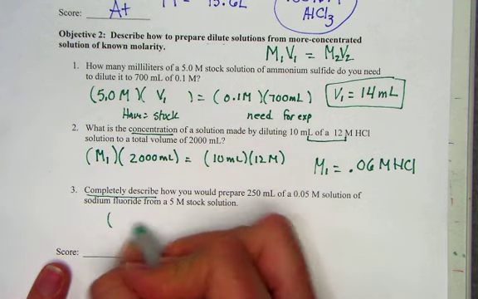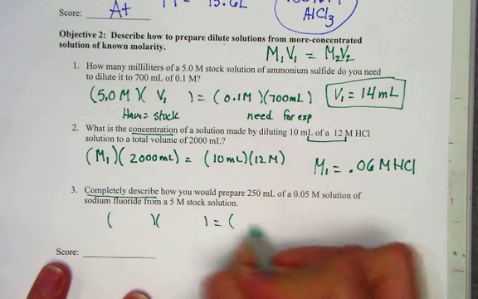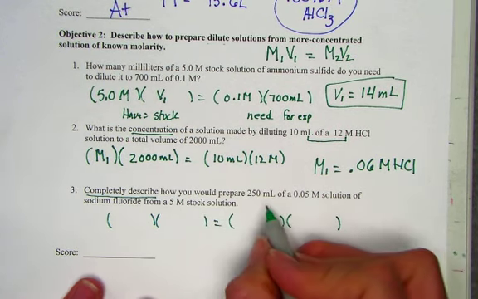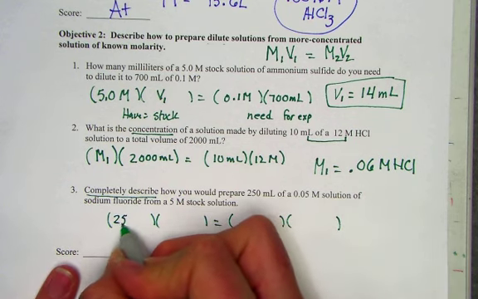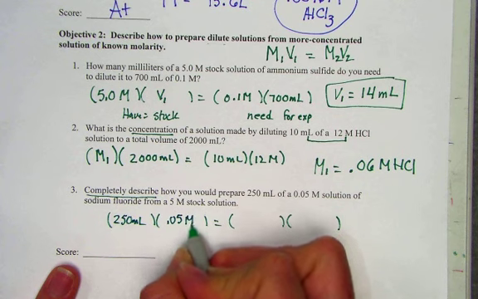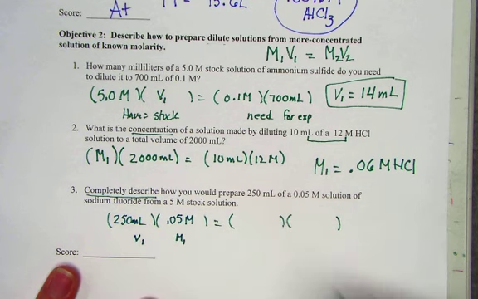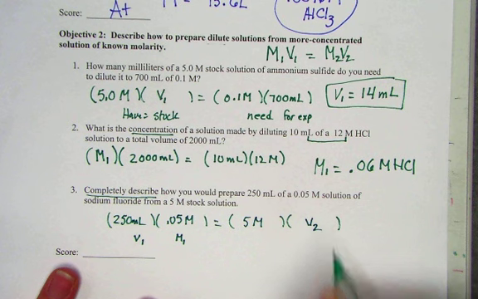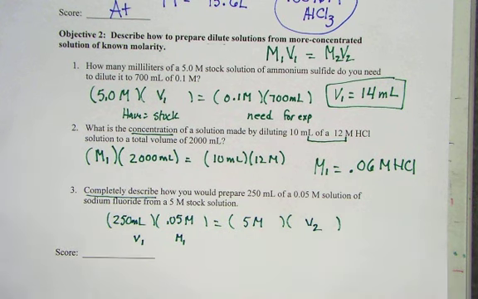But again, I would just get my parentheses ready for M1V1 equals M2V2 and solve for a volume. We need 250 milliliters of a 0.05 molar solution, so we have an M2, V2 set of variables. We need 5 molar from our stock solution, and let's solve for how much we would measure out.